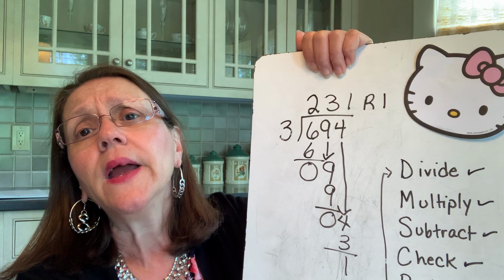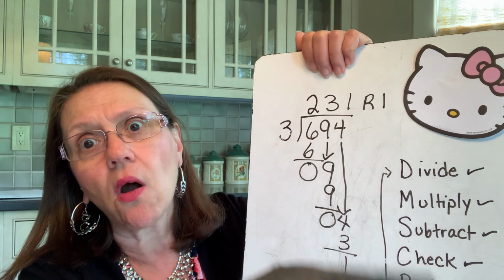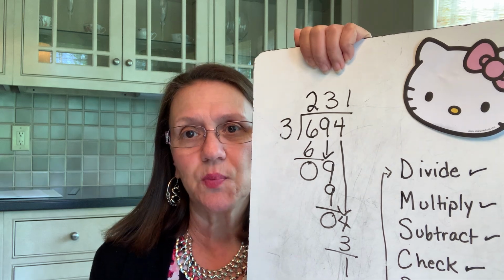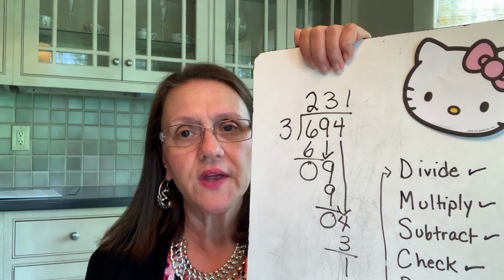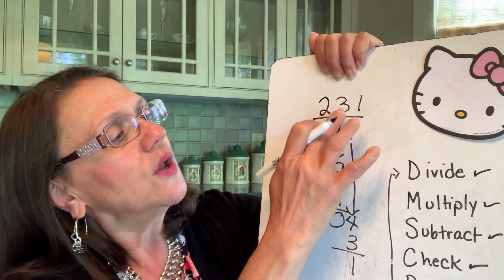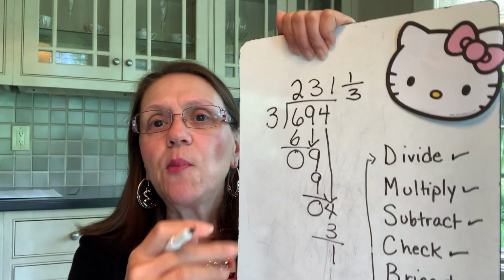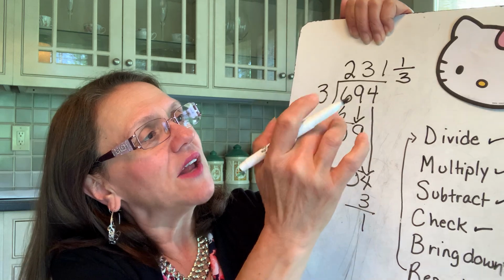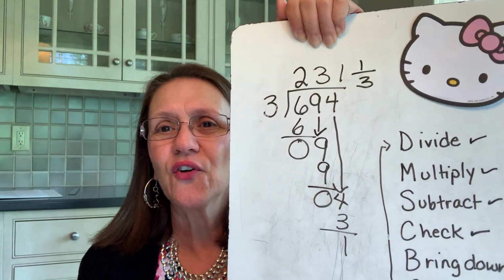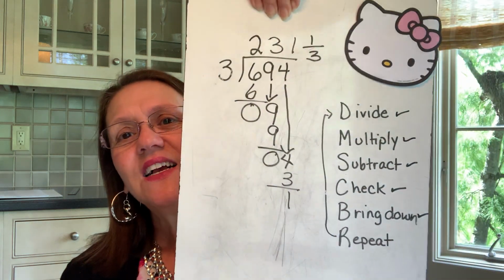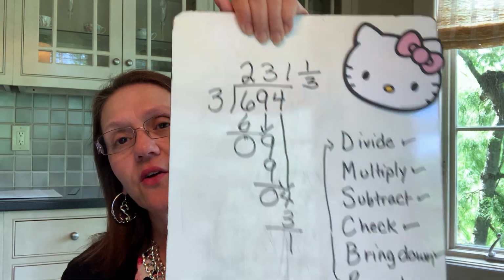So how do we say that without the R? Well, there are different ways, but the way that I like to express it, the 5th grade method, is 231 and 1 out of 3. So I put my remainder on top of my divisor and I have 1/3.